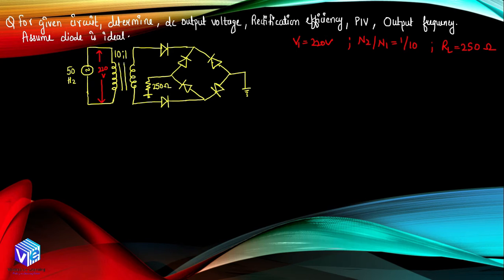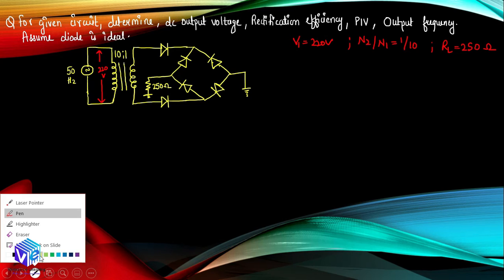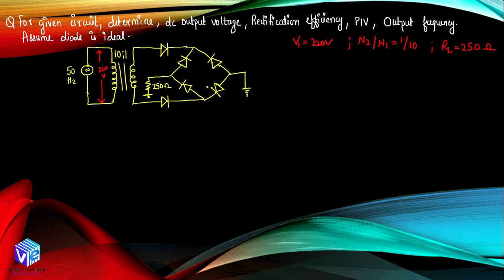Now we are moving on towards the first part, which asks us to find out the DC output voltage. We know the relationship between V2 and V1 for the transformer. V2 is equal to V1 into N2 upon N1. V1 is 220 volt multiplied with 1 upon 10, which is equal to 22 volts.